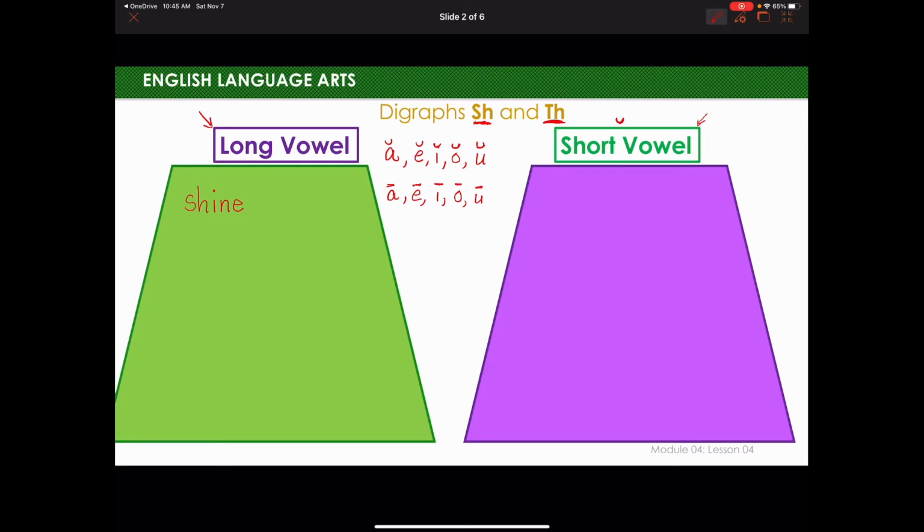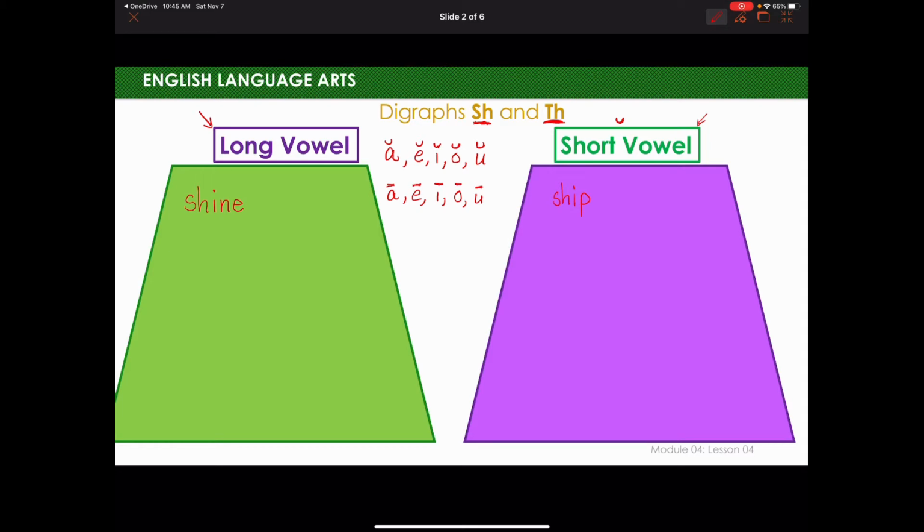When you say the short E sound, you'll notice that your mouth is about halfway open. Eh. So when I say the word ship, it actually feels like I'm smiling a little bit. So that is the short I sound. And then I have the p at the end.